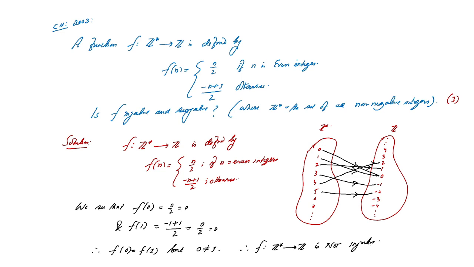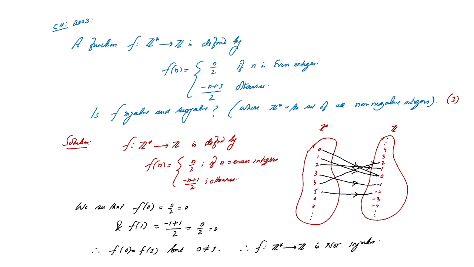Now our claim is whether f is surjective or not. How will we show f is surjective? Just by observation, for each element in the codomain set it must have a preimage.